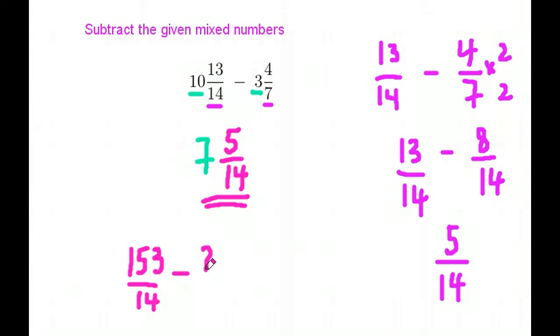This is 25 over 7. Still, the two are unlike fractions, unlike denominators. In order to make them like denominators, I can multiply this one by 2 over 2.